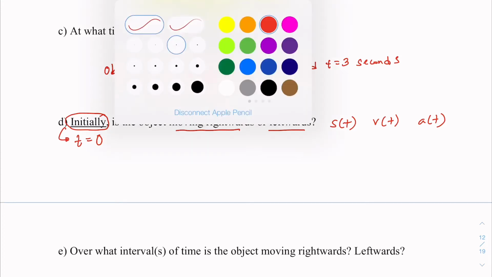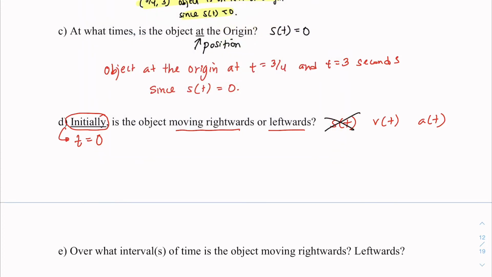So we're not going to use position because then the question would have said initially, is the object on the left or on the right? So that's a position question. This question doesn't care where the object is, it just wants to know what way it's moving. So then if we're talking about motion, we'll always go to velocity.